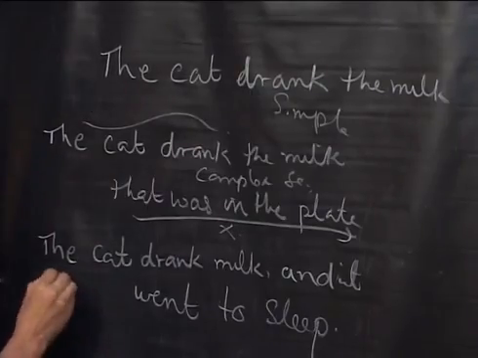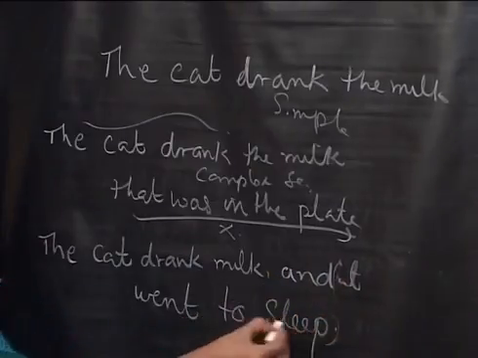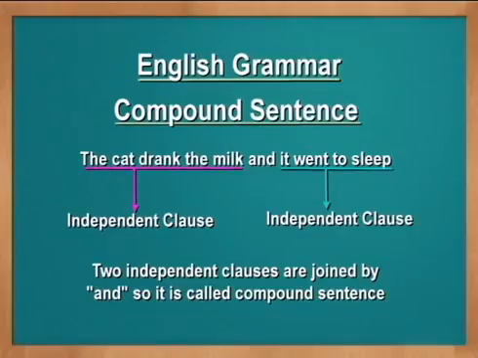And the third one, "the cat drank the milk and it went to sleep." "It went to sleep" is an independent clause. It can stand on its own and convey its own meaning. So hence two independent clauses joined by "and." So this becomes a compound sentence.